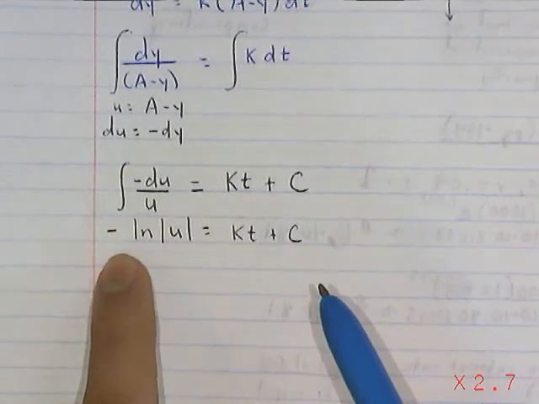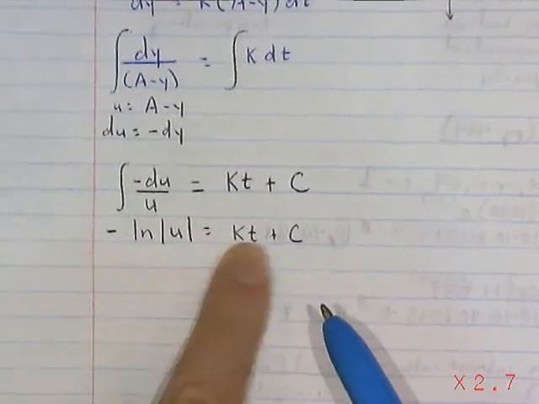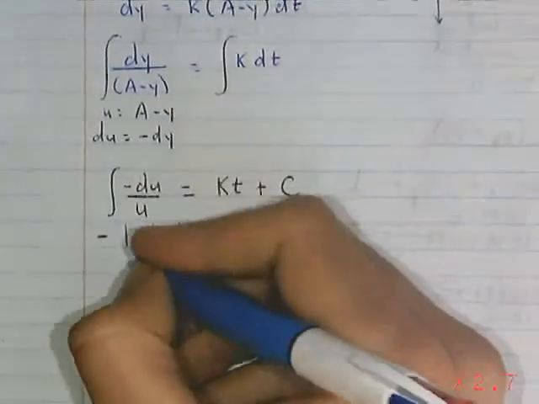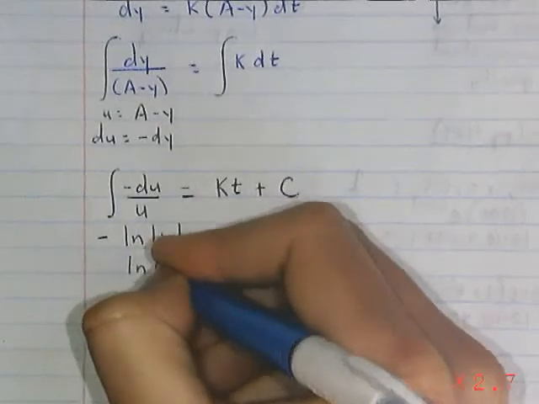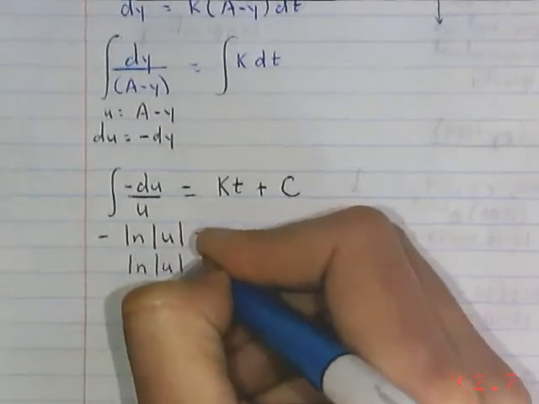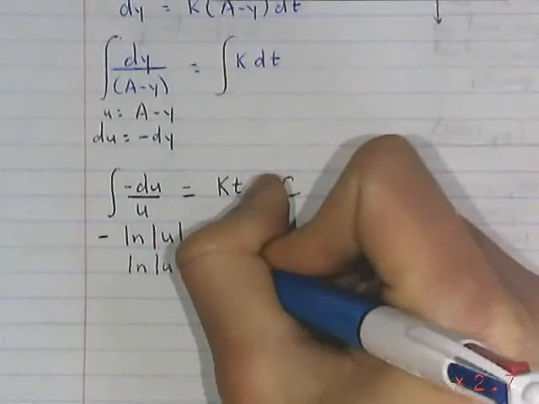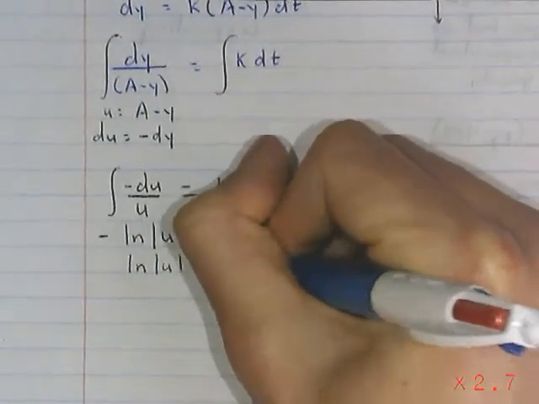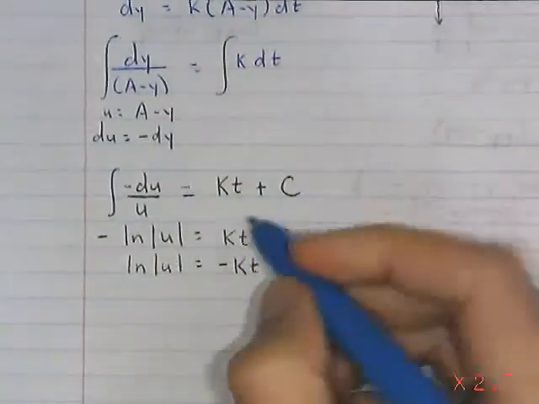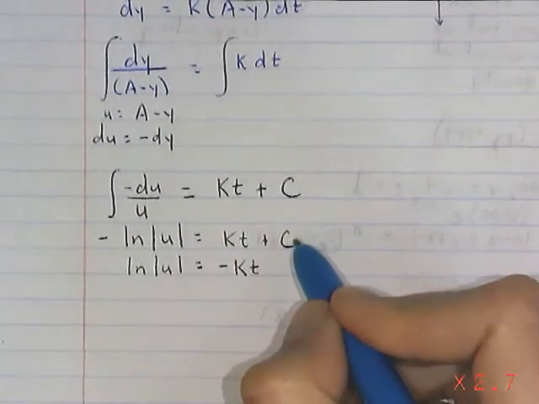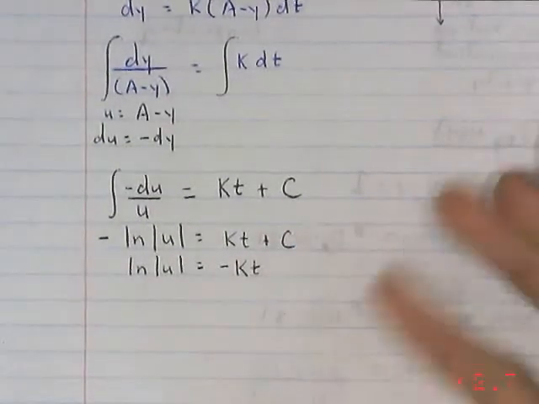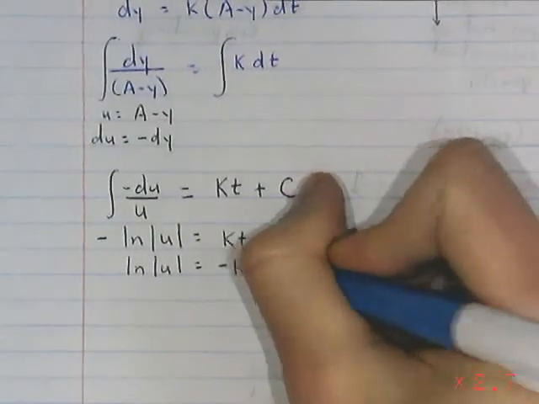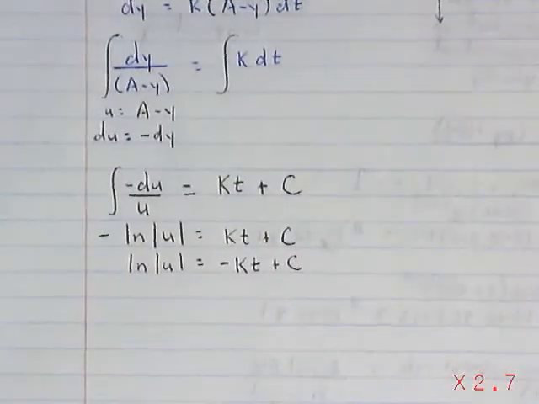Because the negatives kind of make me uncomfortable, we're going to shift that on over and end up with the ln of u is equal to the negative k times t. We could call this a negative c at this point, but again, c is arbitrary, c is kind of our all-encompassing thing. It doesn't matter if it's positive or negative, so we'll just keep calling it positive c.